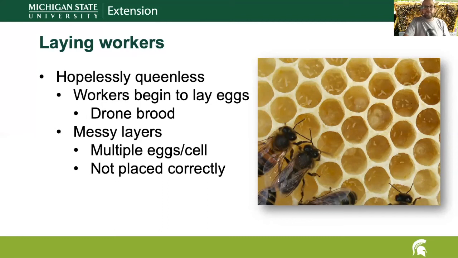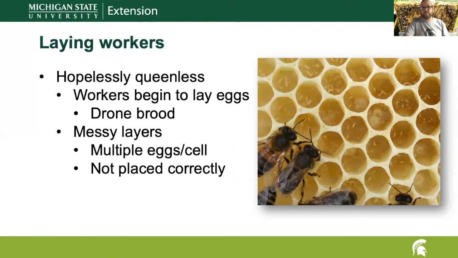And so unfertilized eggs in the bee world are male bees. They're drone bees. And so what you'll end up with in a queenless situation is laying workers that will lay all over the place. They're very messy layers, but they will only produce drones.